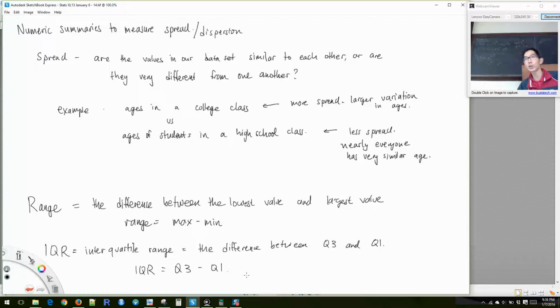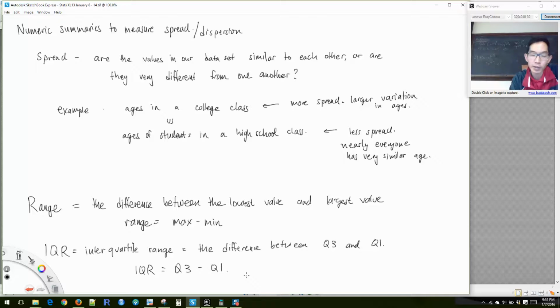Whereas the IQR does not care about the extreme values, and so those things will not show up in the IQR. Depending on your situation, you might want to report the range, or you might want to report the IQR. These things make a difference and matter.